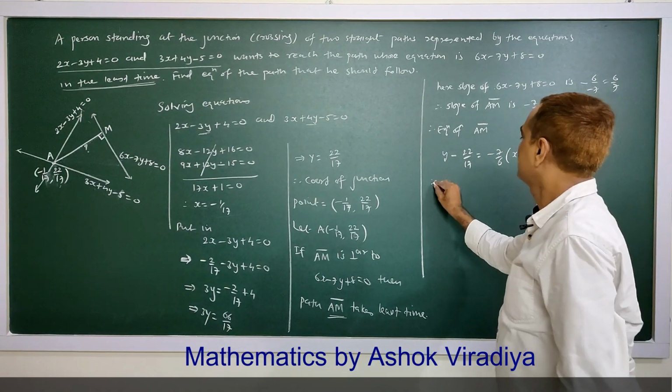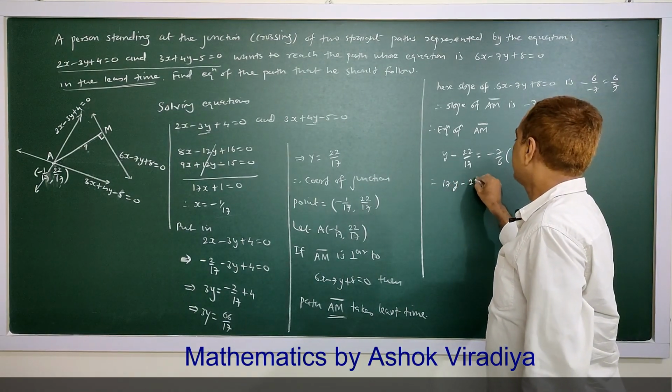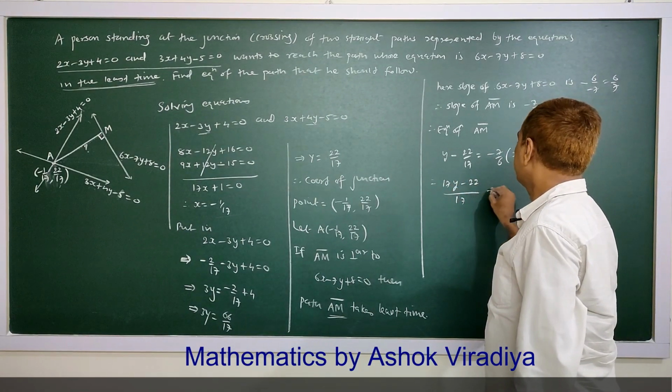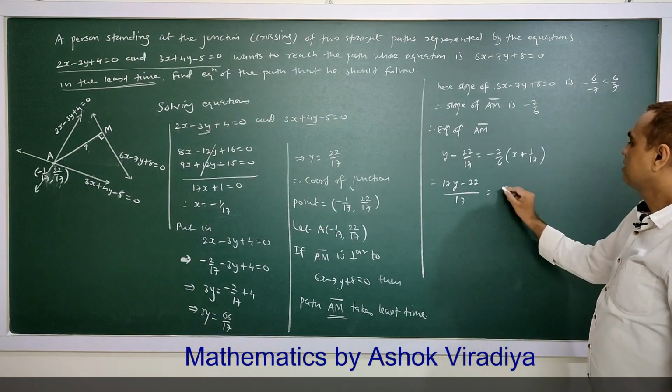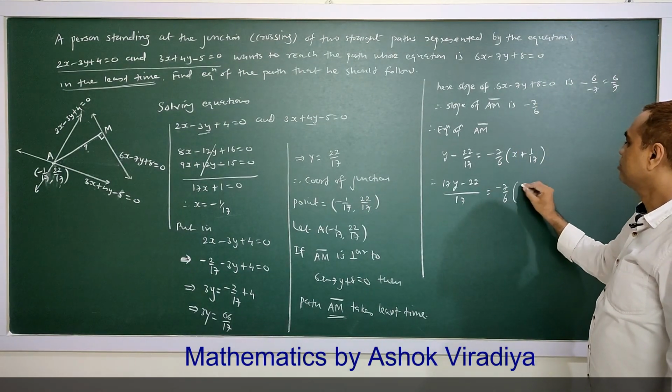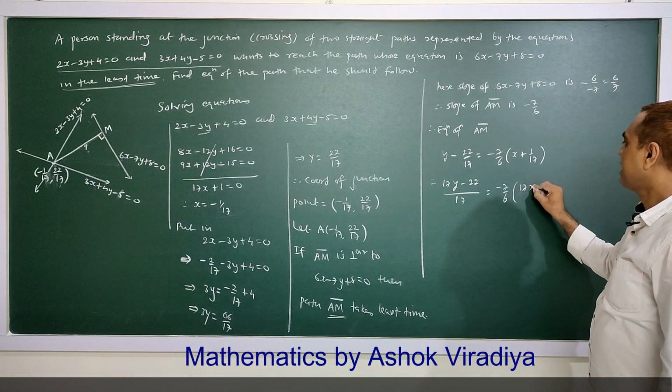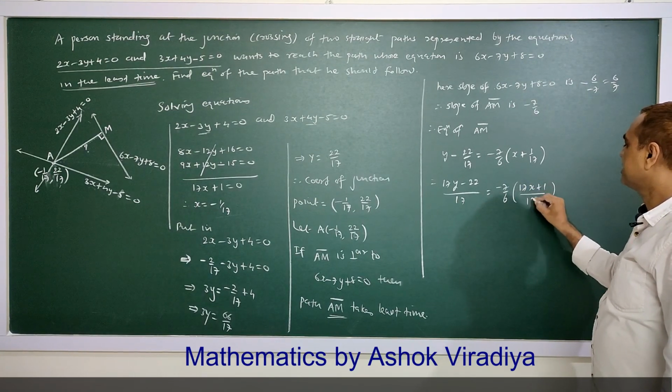So that is y minus 22 by 17 is equal to minus 7 by 6 into x plus 1 by 17.